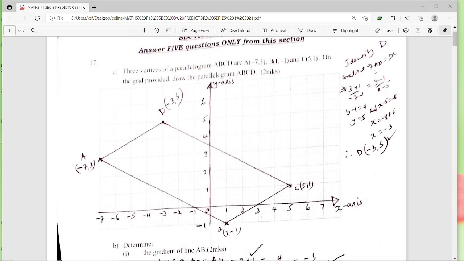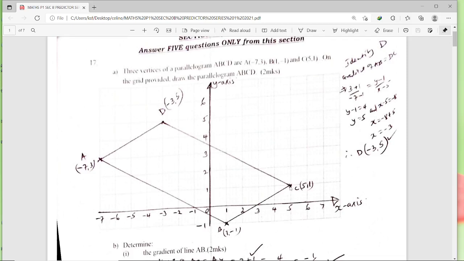First of all, you can sketch. Go to your graph and draw a Cartesian plane with the positives and negatives. This one is usually normal. Locate point A(-7, 3), and also locate point B(1, -1), and locate point C(5, 1).